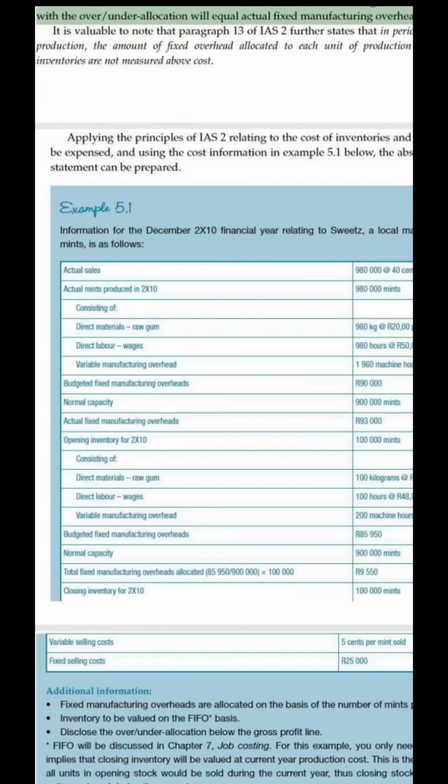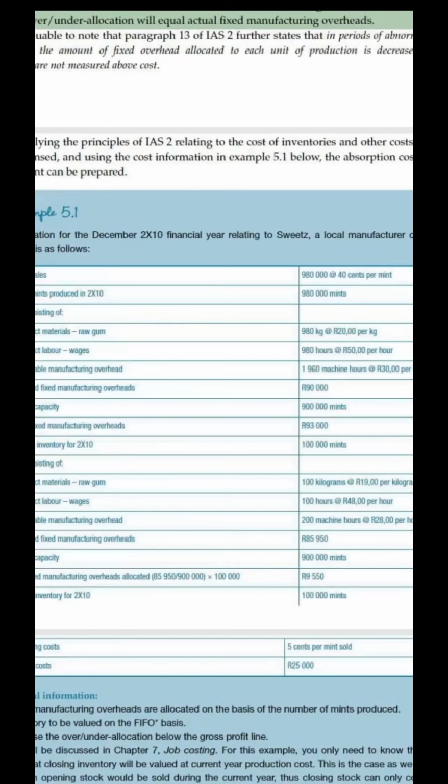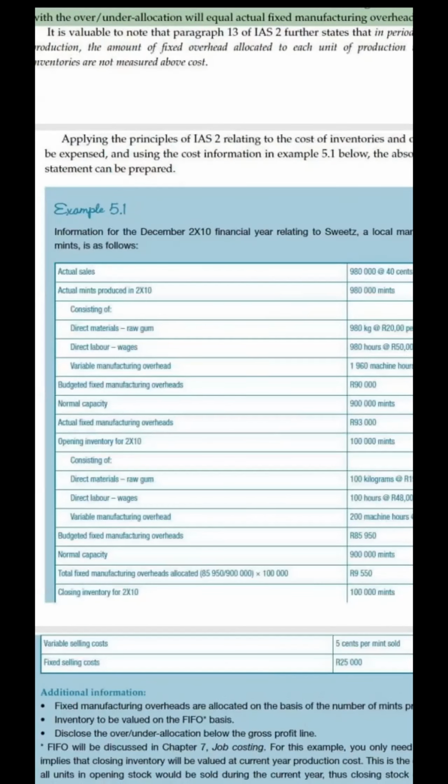So this was during that period. So in other words, 980 kgs at 20 rand per kg is basically giving us the cost per kg that we actually applied in the manufacturing of that 980,000 units there.